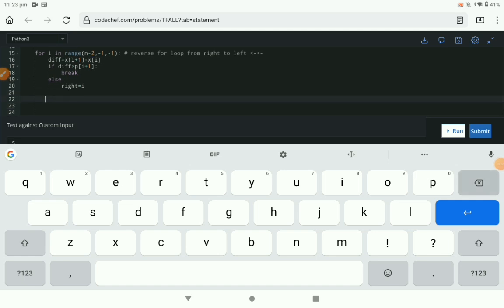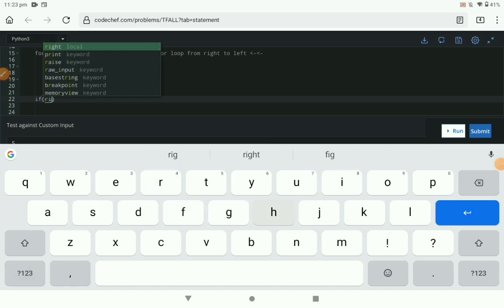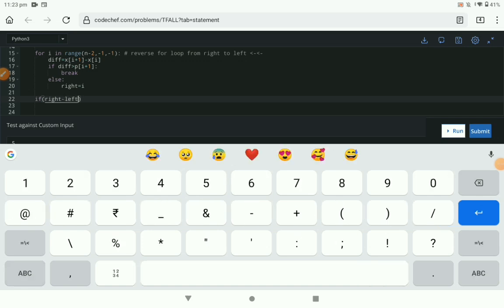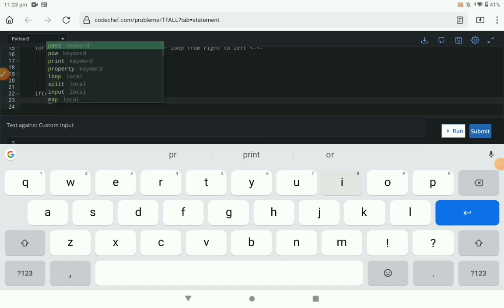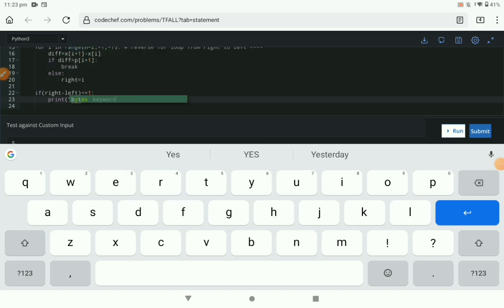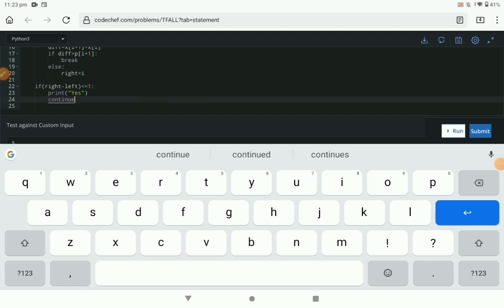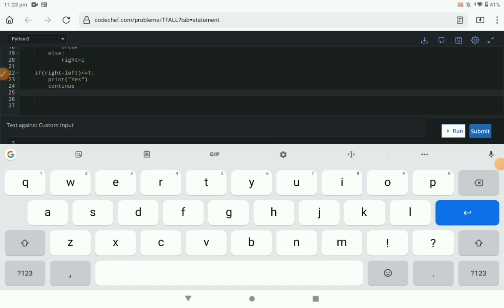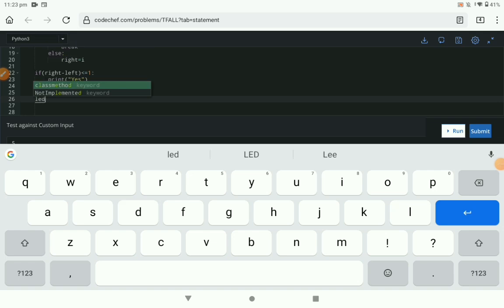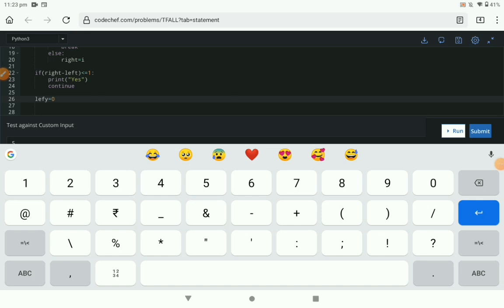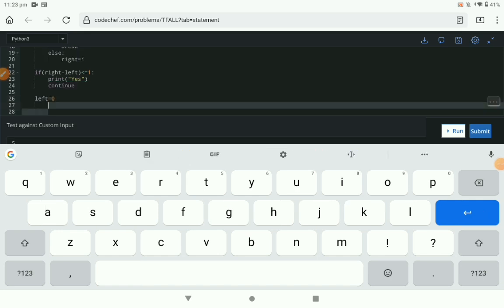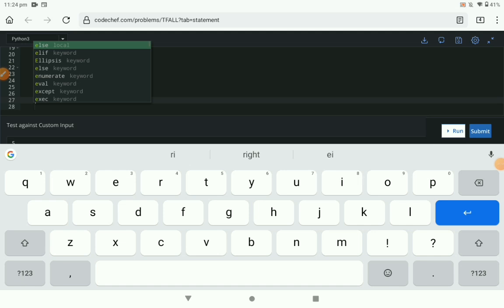Then if it is smaller than or equal to the limit, yes, now we will initialize left and right again.